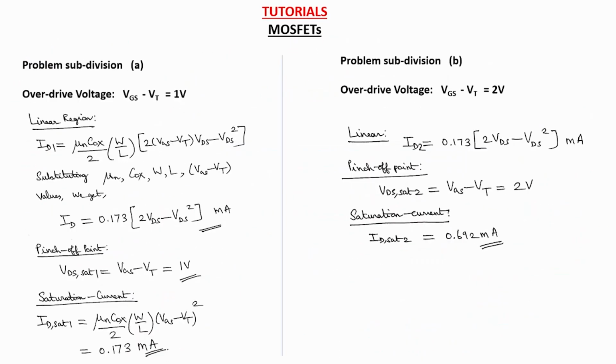In the linear region you take the known linear region equation and substitute all the known values. Now you have Cox and VT and all the known values. Plugging in, you get that the drain current for VGS minus VT equal to 1 volt is 0.173 × (2VDS − VDS²) in milliamps.